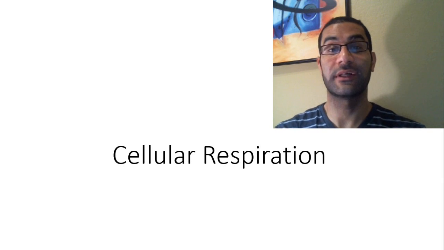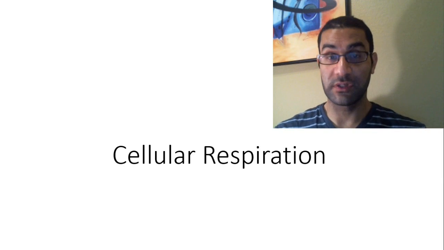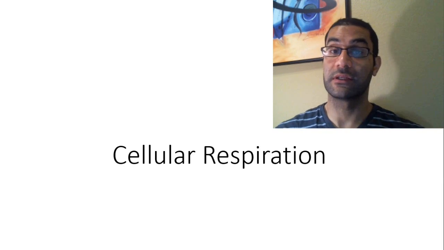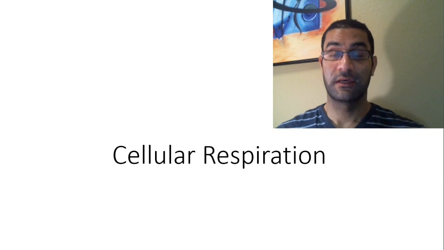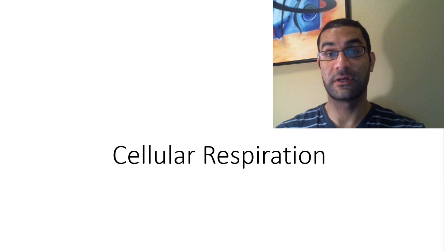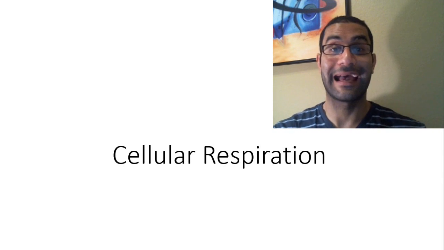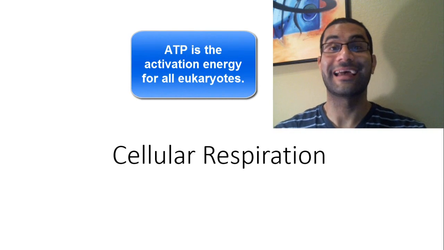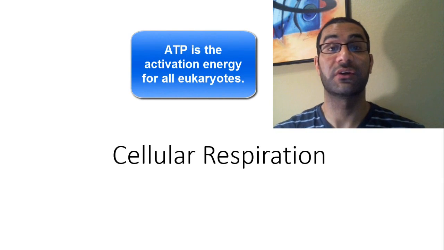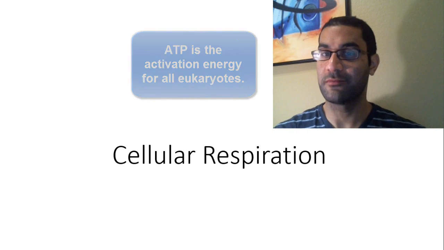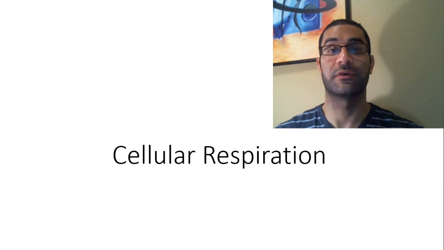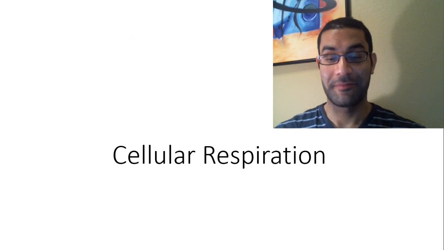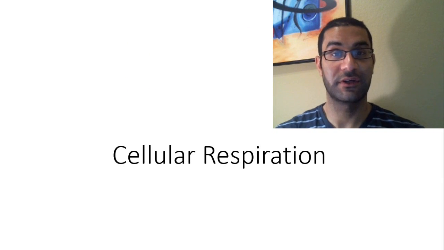But then once that chemical energy is made, it has to be utilized by all eukaryotic cells, including plants and us, to then turn the chemical energy into our activation energy for our cells, which is ATP. So the second part of this is what we consider cellular respiration, and there's a whole lot more to this than just what you might think of as respiration in terms of breathing. So pay close attention to go through the detail here.